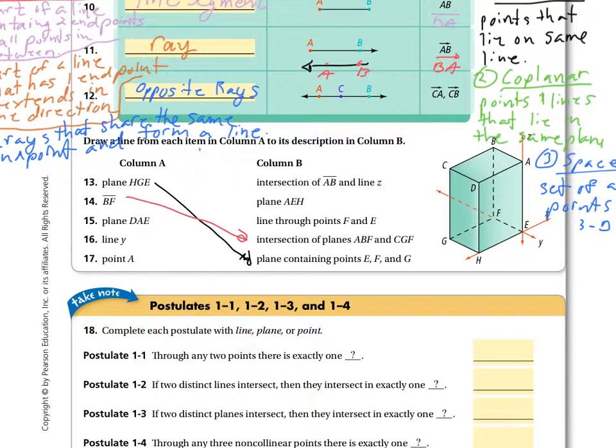Yeah. And then line Y is the same as the line through these two, and point A is the same as the intersection through those two. Okay? Let me erase these on the board.